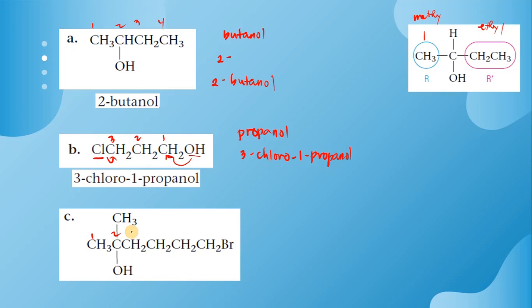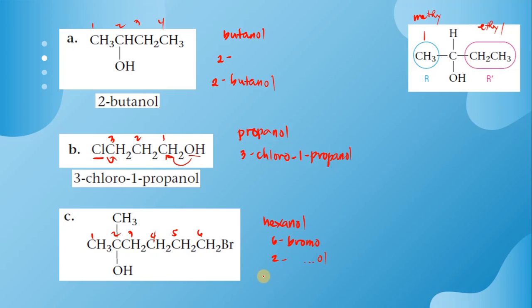So 1, 2, 3, 4, 5, 6. Okay, let's not write a number for B because numbering is only for the carbons. So 6, this is a hexane and hexanol. So branches first, we have 6-bromo. What else? We have 2-ol. So how should we name this?